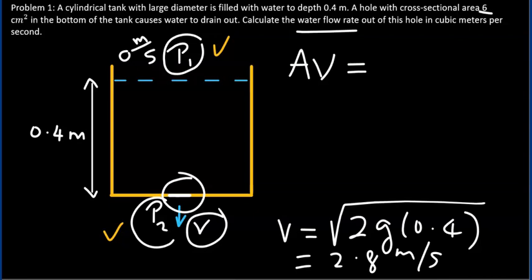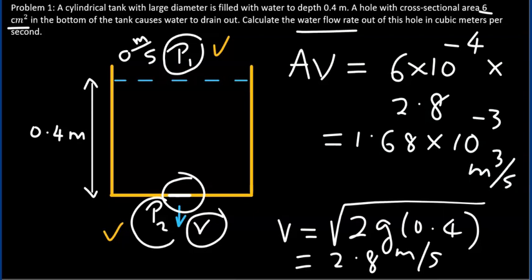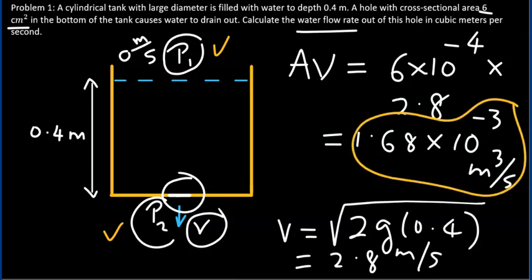It is 6 cm squared, so we need to convert that to meters squared and then multiply that with the speed that we have just calculated, and you will end up with 1.68 times 10 to the power minus 3 cubic meters per second. And that solves the problem.